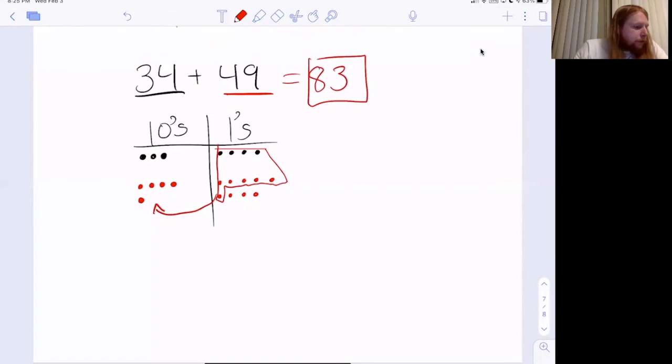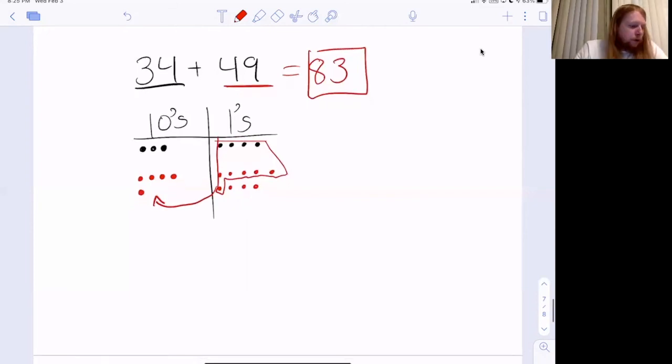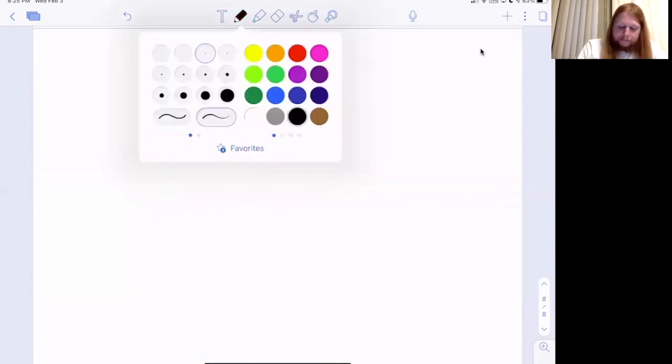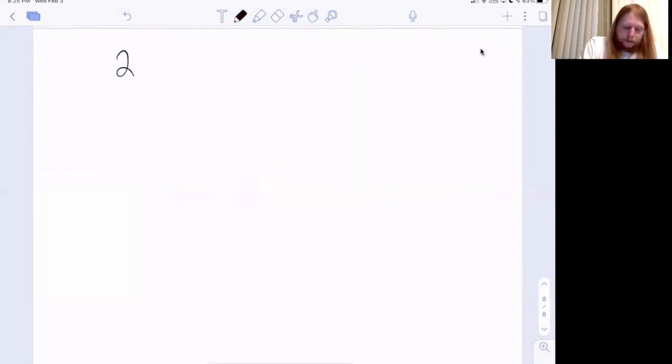Okay, we're gonna do a couple more, and then we're gonna do one more, then we're gonna look at a little word problem. All right, 21 plus 9. So I'm going to do the same thing.